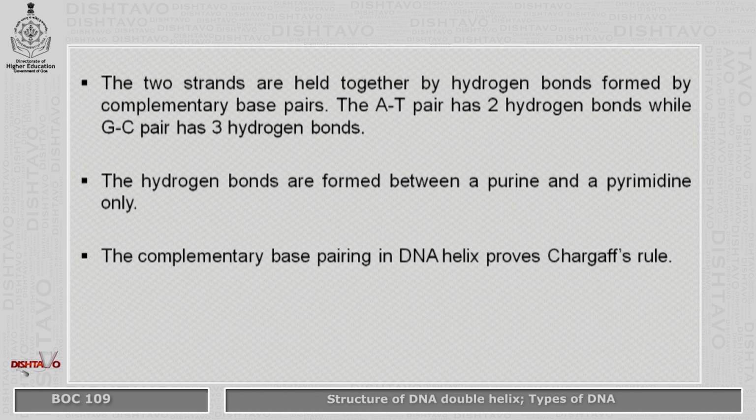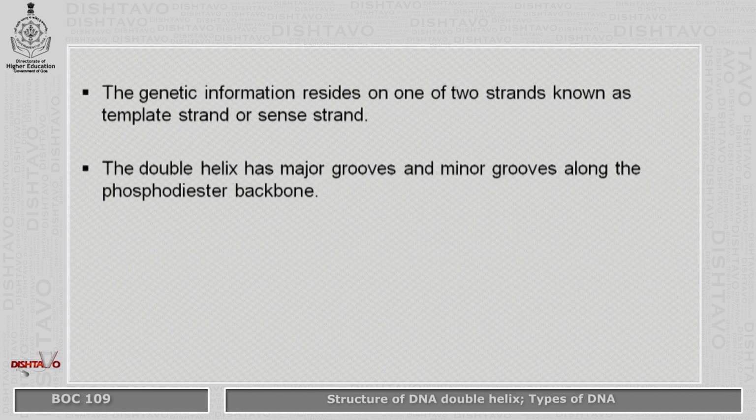The complementary base pairing in DNA double helix proves Chargaff's rule. The genetic information resides on one of the 2 strands and it is known as the template strand or the sense strand. The double helix has major grooves and minor grooves along the phosphodiester backbone.